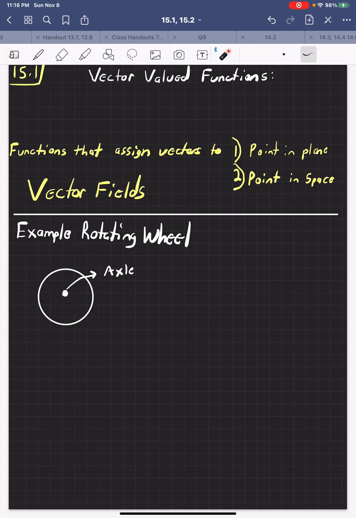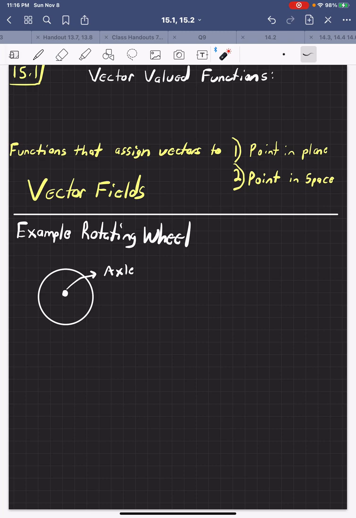So, for example, let's look at some type of rotating wheel. Here's your wheel, here's your axle. Let's assume that the wheel is rotating on the axle.